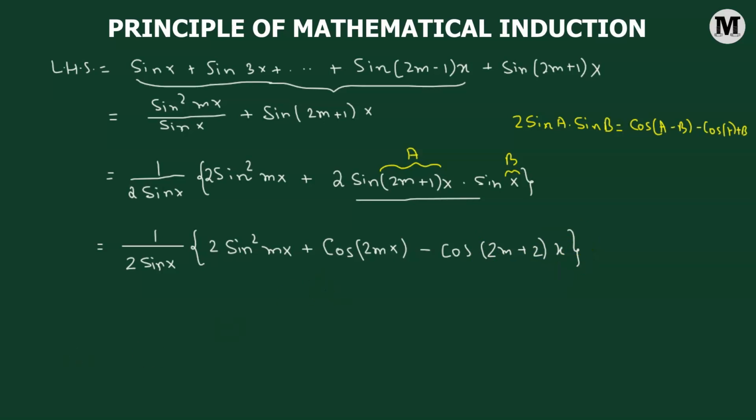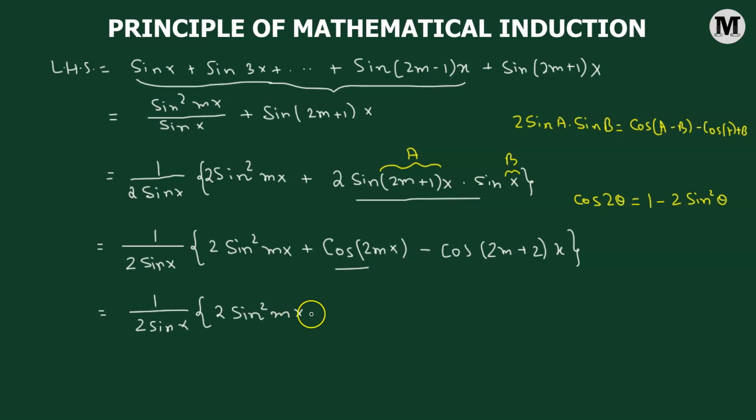Now we need to further simplify. We're going to simplify cosine of 2mx, so here we use the half angle formula. Cosine of 2 times the angle theta is given by 1 minus 2 times sine squared of half of angle 2 theta, so that's simply theta. So we have 1 over 2 times sine of angle x, multiplied to 2 times sine squared mx.